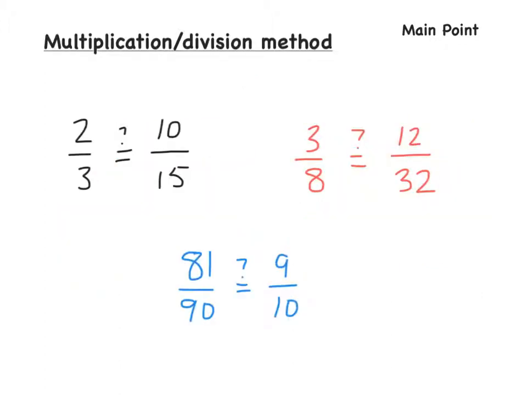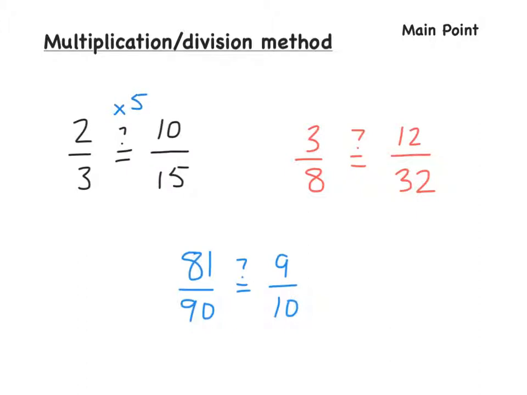Another way that you can use it is what I like to call the multiplication or the division method. It's a little bit shorter than the butterfly method. So let's look at this first one right here. We have 2/3 and 10/15. Are those proportionate? One way that we could do it, let's look at the numerators first. How many times does 2 go into 10? 2 goes into 10 5 times.